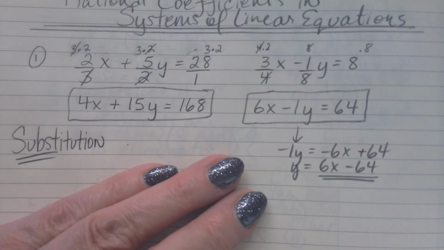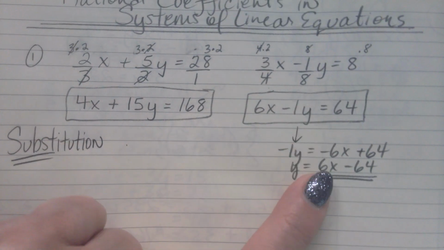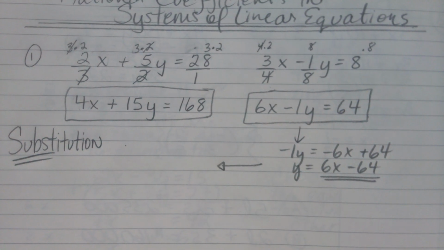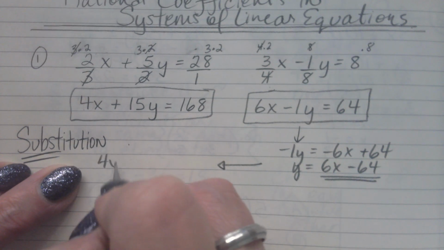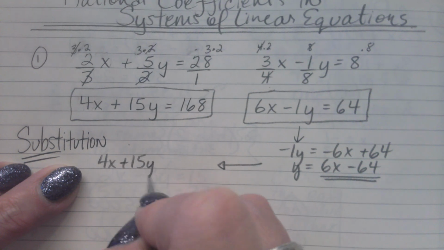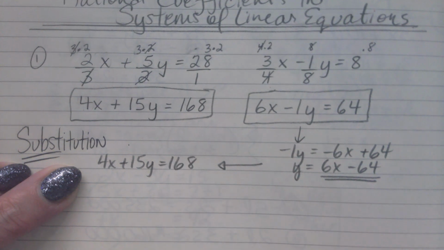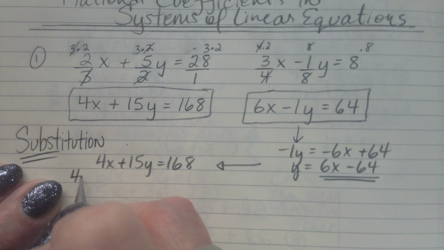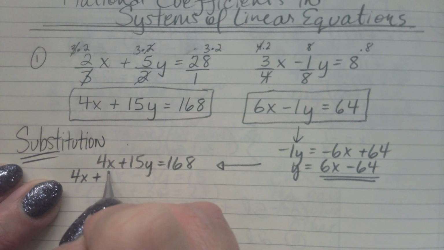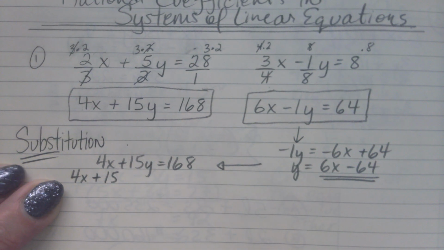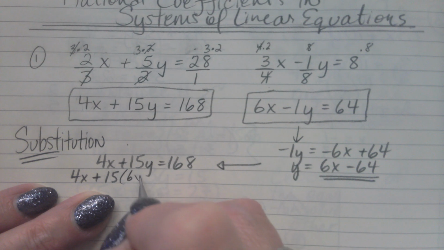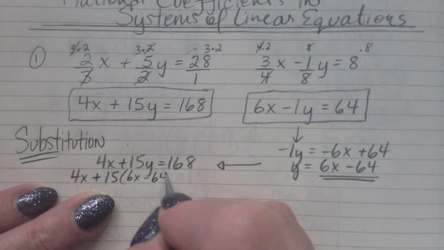So I've taken this one, and now I am going to go back over to the other one, 4x plus 15y equals 168, and put this in for the y. Again, you'll notice they're going to be larger numbers in this one. 15, take out the y, 6x minus 64.